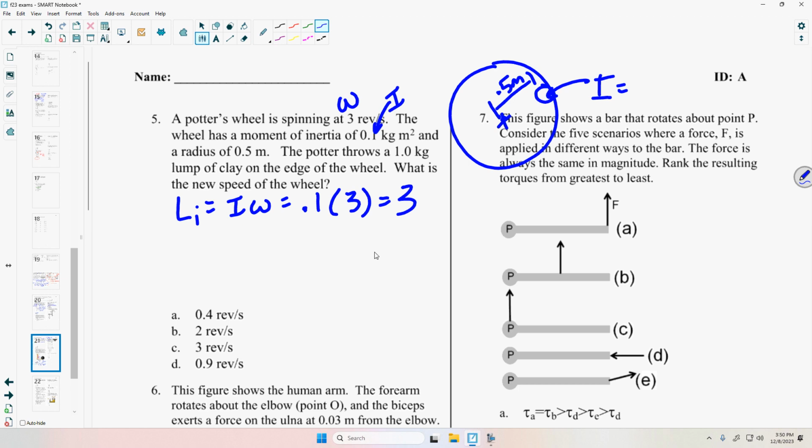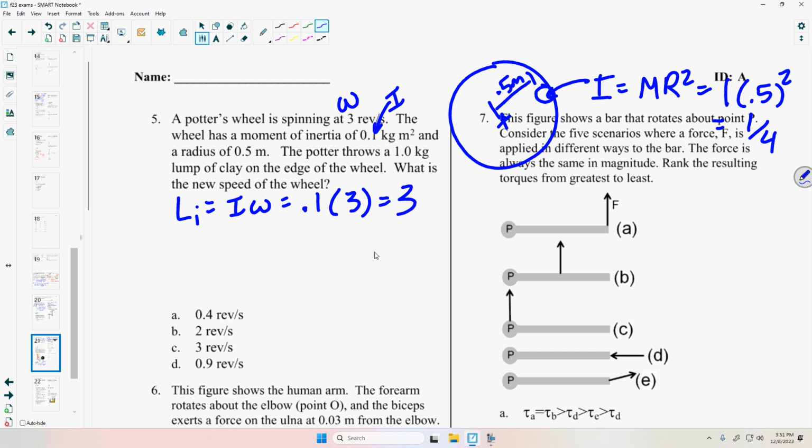If it's a particle with no radius, it has no moment of inertia at all. If the axis is outside of the body, like it is here, that's a particle. Plus, I don't give you any dimensions of the clay, so it has to be a particle. So I here is equal to mr squared, and for that lump of clay, that's 1 times 0.5 squared, or 1/4.